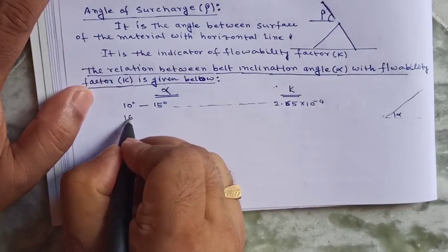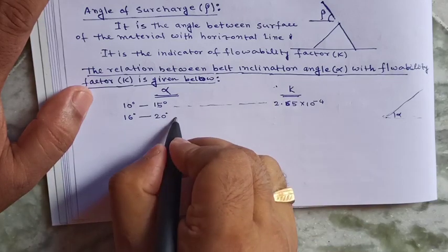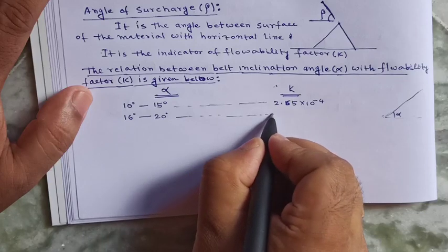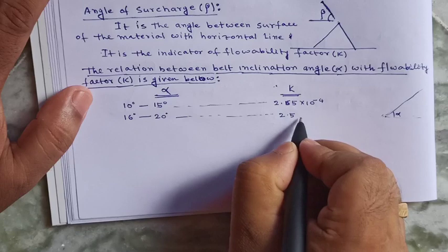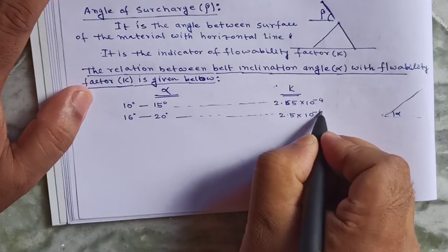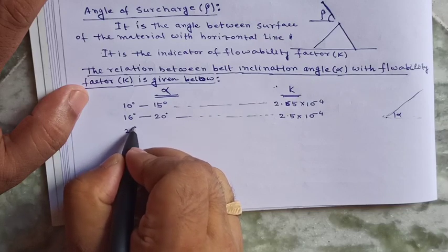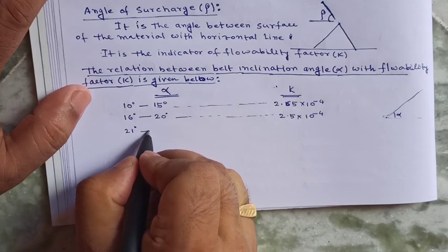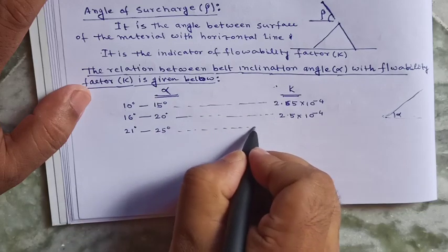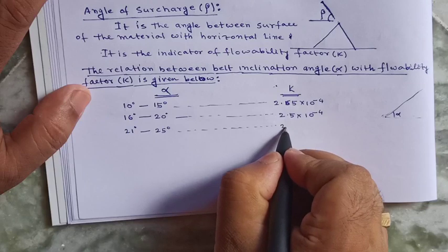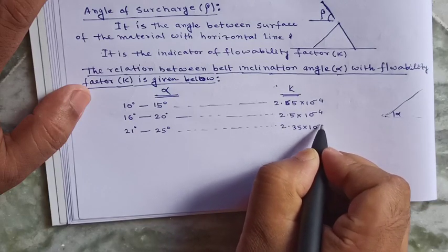If it is 16 degree to 20 degree, then this value will be 2.5 into 10 to the power minus 4. If it varies from 21 degree to 25 degree, then this value will be 2.35 into 10 to the power minus 4.